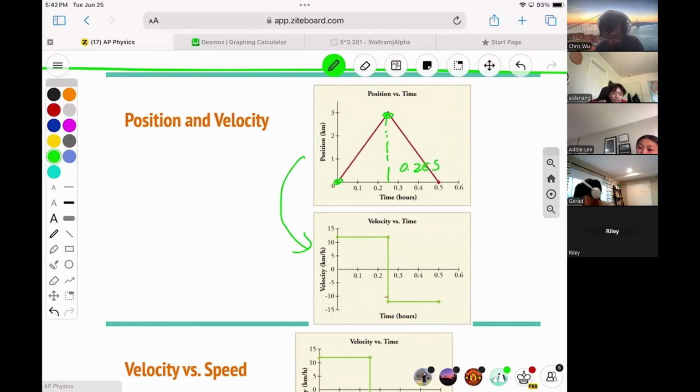So my velocity on this leg of the journey is going to be 3 divided by 0.25, which is about 12. And that is my velocity. So if I plot a velocity versus time graph, I'm simply traveling at a constant velocity of 12 up to that point, right? Notice how they're matching here: the slope of the position versus time graph is the value of the velocity versus time graph.